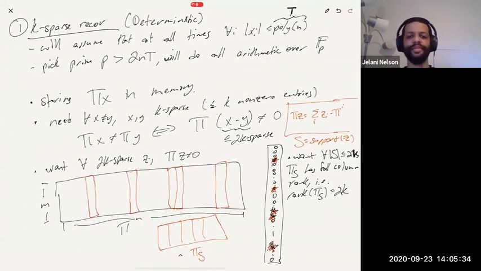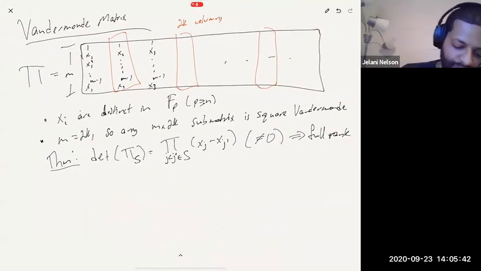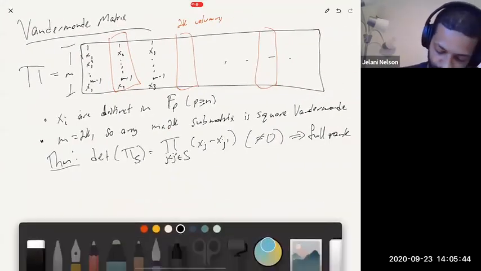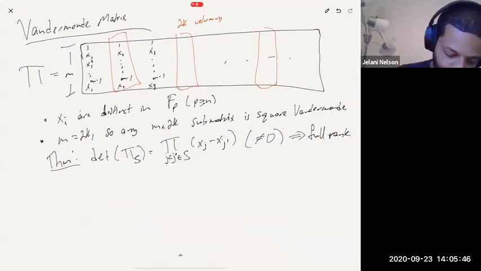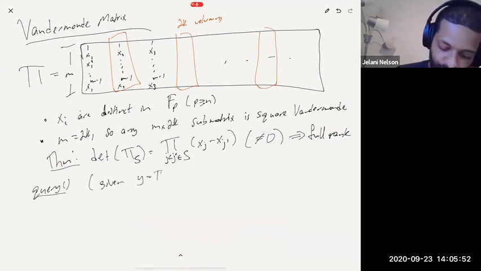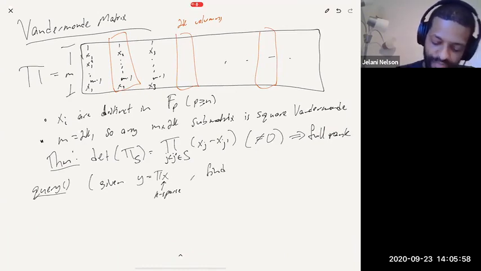And now, at least in principle, we can use it to solve k-sparse recovery in exponential time. So let's say someone says query. Remember, we're given y equals pi x, where x is k-sparse, and we want to find x.